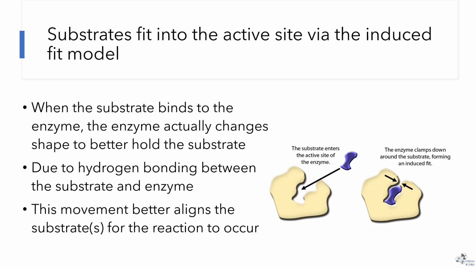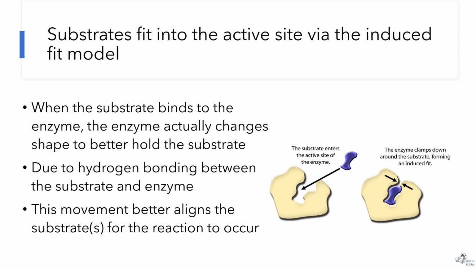So as the substrate comes in, it is still a lock and key fit, in that only the correct substrate can enter into the active site of the enzyme, but there's one more step even beyond that, and that's what we call the induced fit model. What ends up happening is, as the substrate enters into the active site, the enzyme clamps down on that substrate even better.